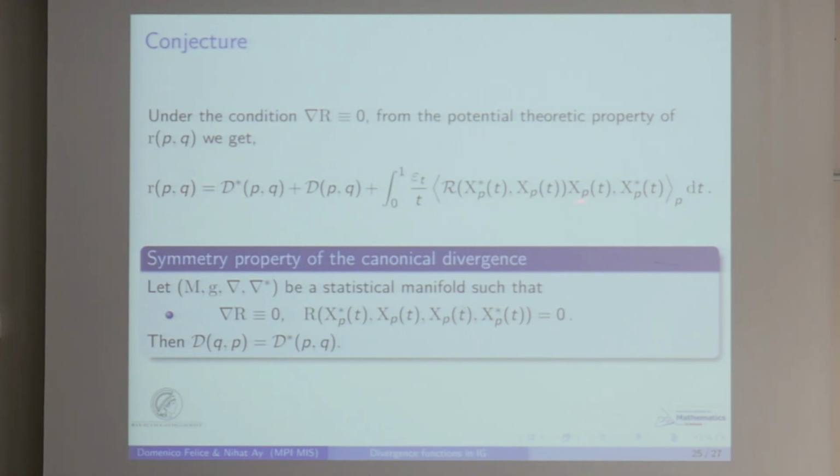We get that this term is 0, and we obtain a straightforward generalization of the Amari and Nagaoka canonical divergence. In particular, we get this nice symmetry property. But this is just a conjecture. We are working on it, and we are very close to finalizing this result.